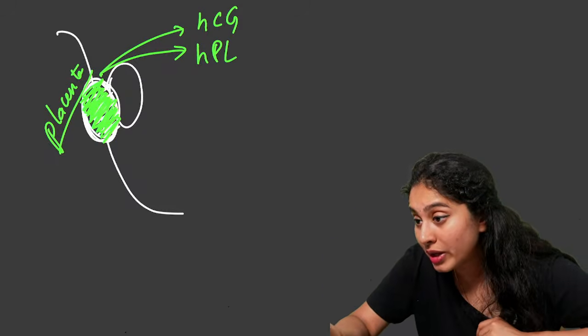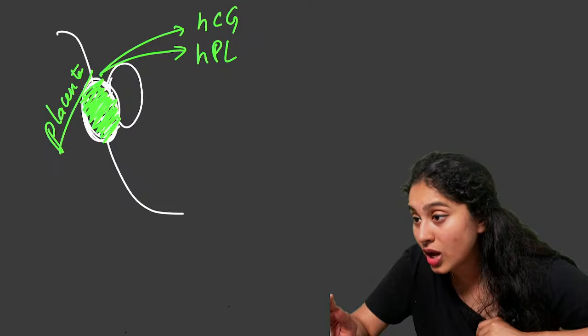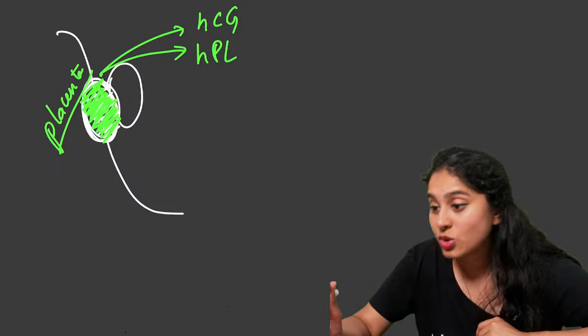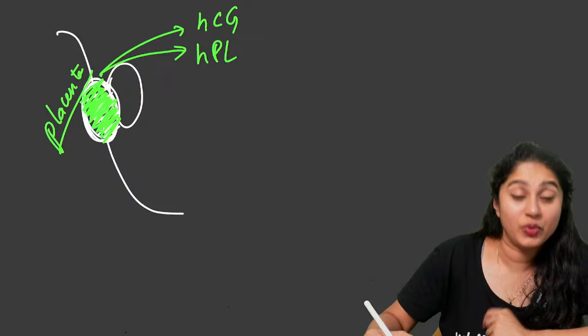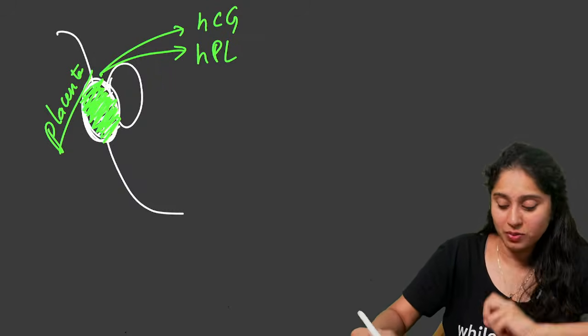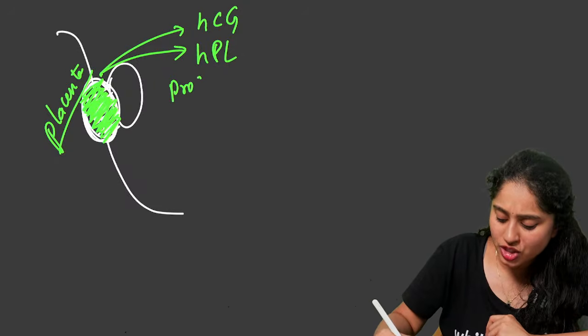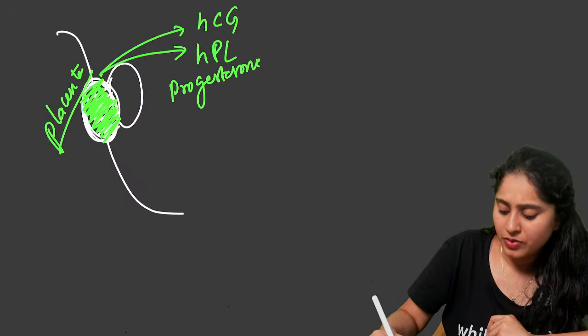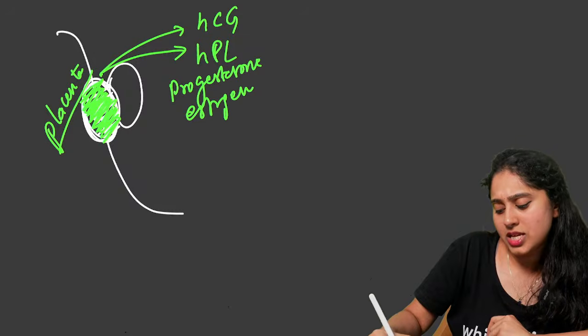I think Tarun asked me where HPL will come. So that is where HPL will come. It will help in differentiating the mammary glands to produce milk for the nourishment of the baby. Apart from that, a lot of progesterone, a lot of estrogen, all this is produced.